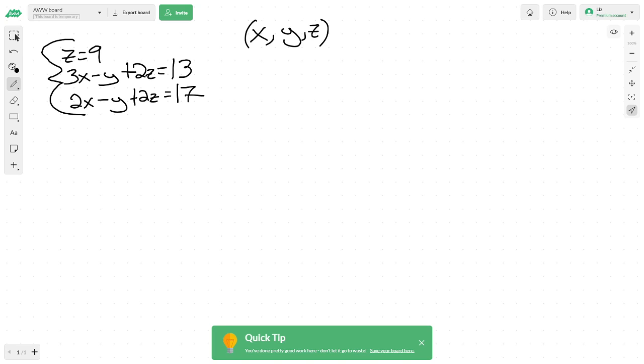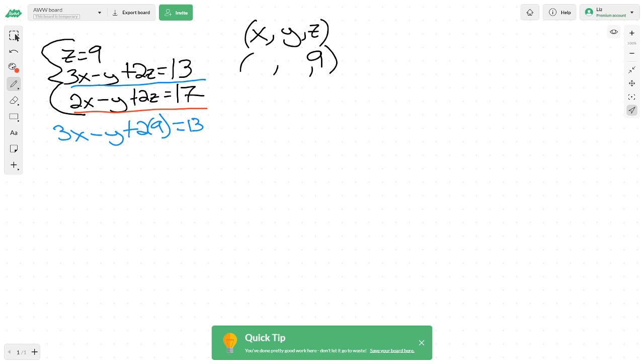So we have z equals 9, so we already know one of them. So now we just have to plug that in to these other two equations and solve for x and y. So I have 3x minus y plus 2 times 9 equals 13.